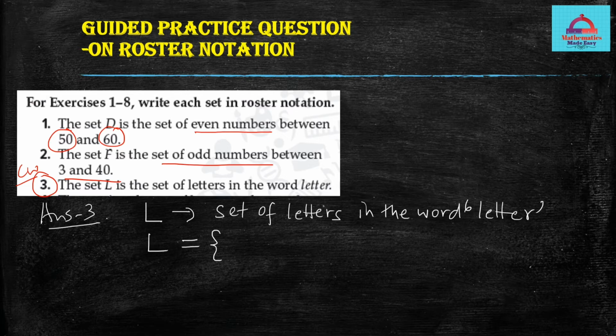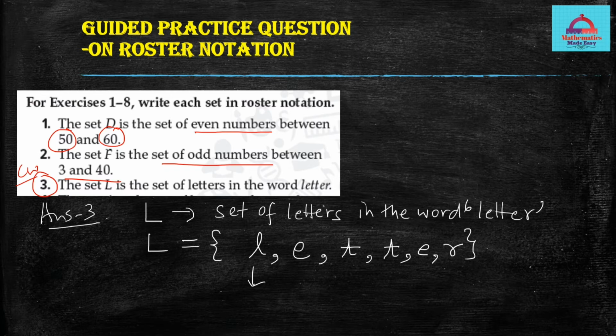So I'm putting, first of all, because this is roster notation, the curly brackets, so that in between we could put the letters or the elements of the set. So let's write the first element, L, then we put a comma, write E, then the next element T, then the next element T again, E and R. So here you see some repetition happening, but if you count the set of letters which are present, then 1, 2, 3, 4, 5, 6.